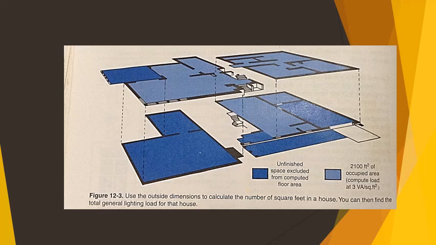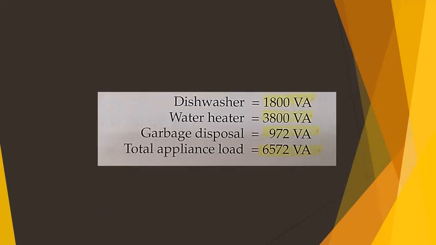Appliances. The load for specific appliances is based on the ampere rating specified on the nameplate of the appliance. Demand factor. Again, the demand factor of 75% can be applied only if there are 4 or more of these appliances on one feeder or service.